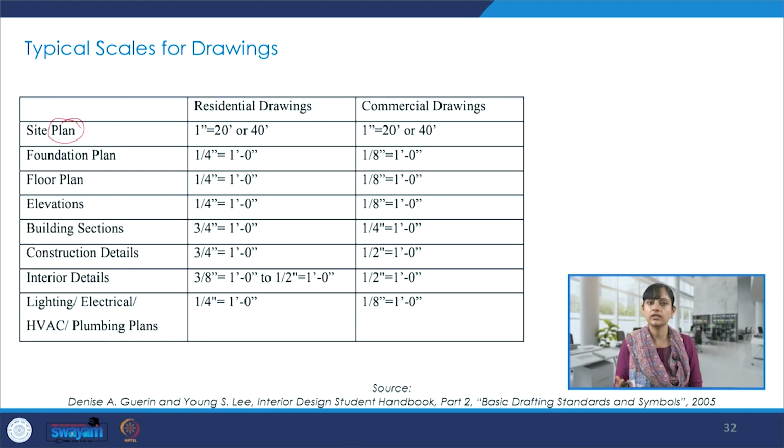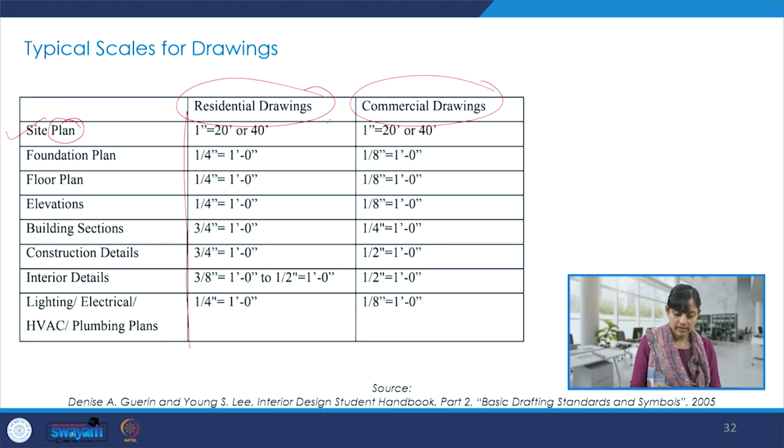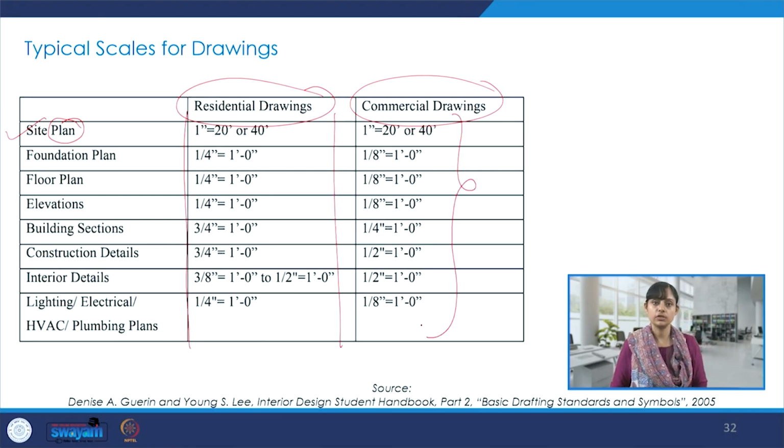For interior architecture projects, we would require plans of varied typology to communicate our drawings, details and ideas. So there is a site plan, and of course there are residential drawings and commercial drawings. There may be slight variation in terms of scale and representation, but in terms of typology, we start with the site plan, which is very, very crucial.